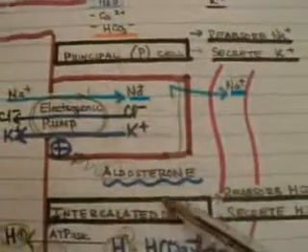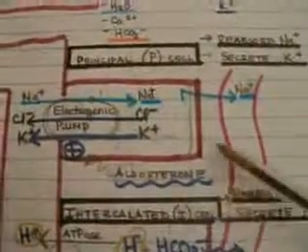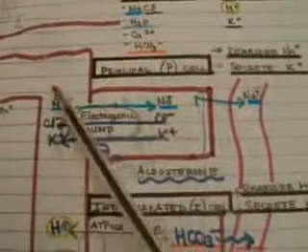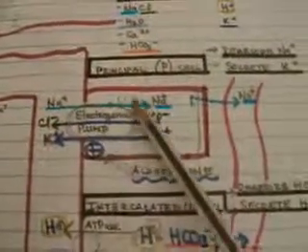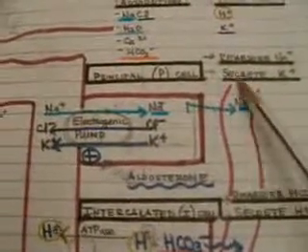Aldosterone secreted by the adrenal cortex, or the adrenal gland, promotes the reabsorption of sodium from the tubular fluid. You have reabsorption of sodium into the capillary system, which joins in with the systemic circulation.